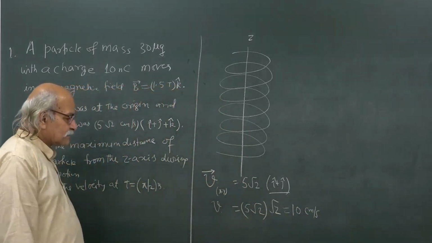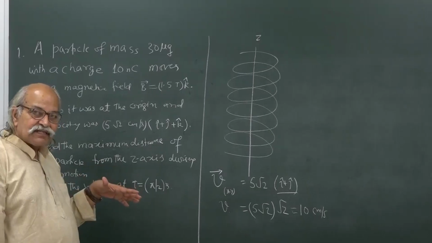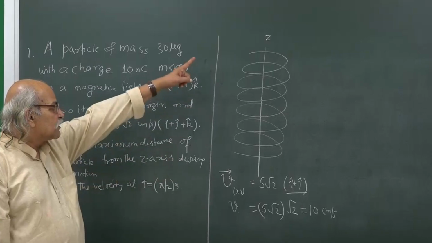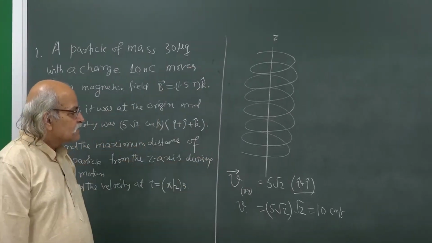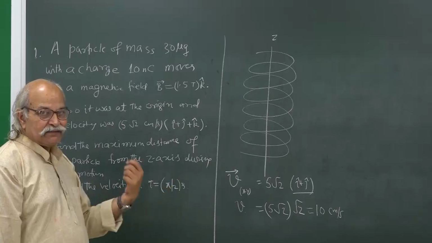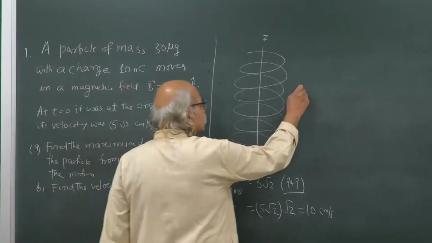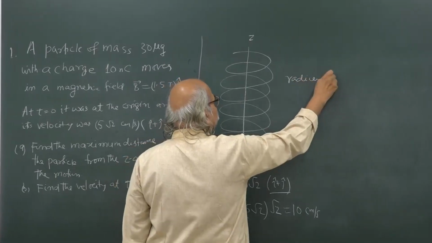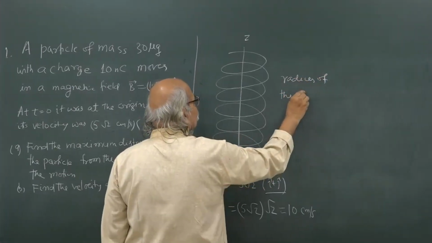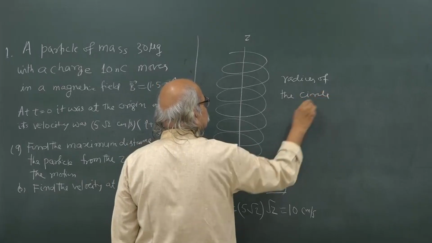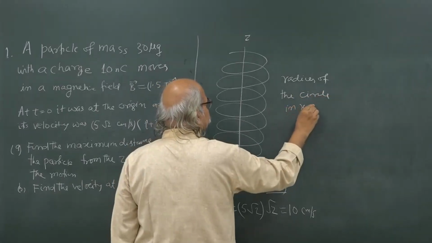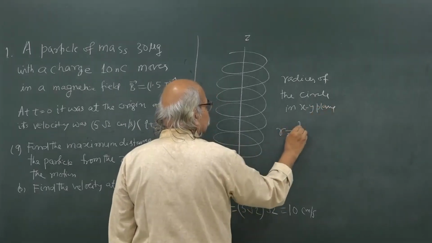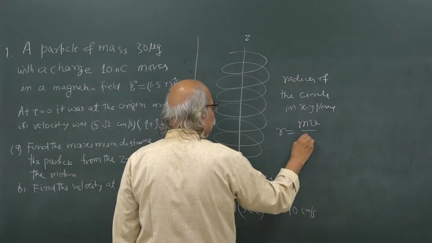Now, with this velocity, if it is projected perpendicular to the magnetic field, that means perpendicular to this z axis, then it will go in a circle in xy plane, and the radius of the circle in xy plane will be given by mv by qB.